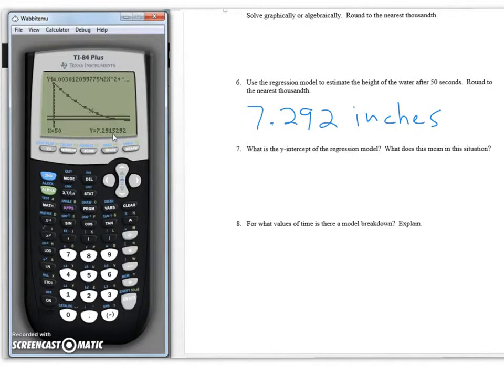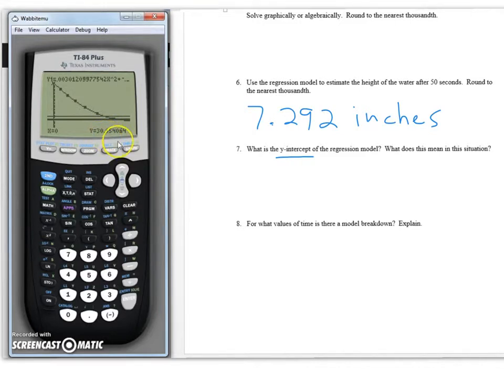Number 7 says, what is the y-intercept? So the y-intercept happens when the x is 0. So we could do that the same way. We need to substitute a 0 in for x and then work out the answer. So using this value command again, we would do second, trace and then value, and this time just enter in 0 for x, and you can see the y-intercept is 30.054.